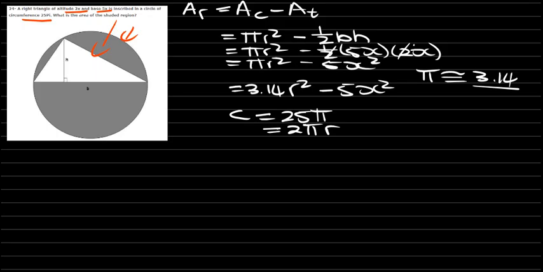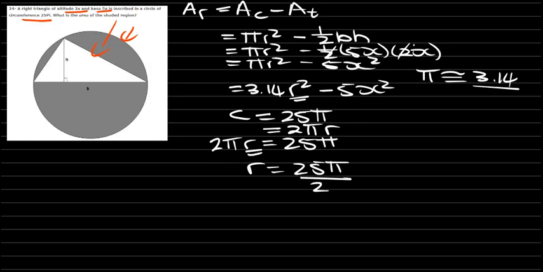So if we set them equal, we have 2 pi r equals 25 pi. We solve for r so that we can substitute it into our equation, and we get r equals 25 pi over 2 pi. The pi's cancel, and that equals 12.5 units. We are going to keep it generic because they do not specify any units.